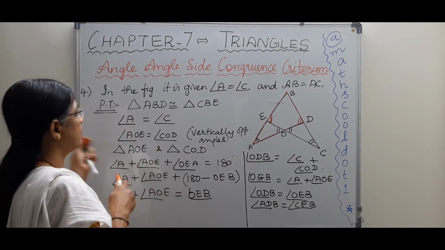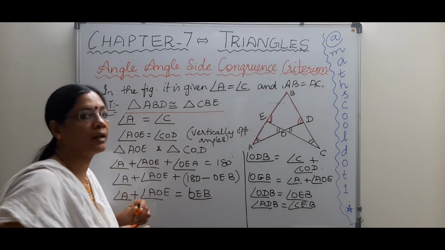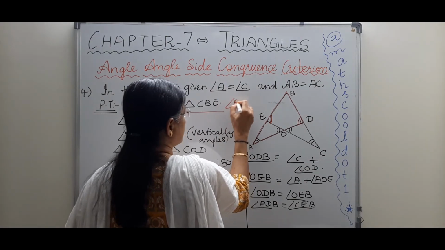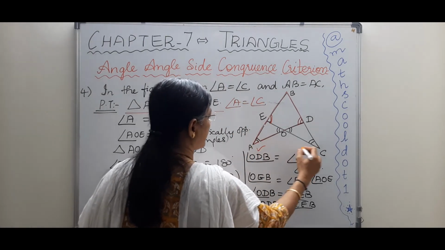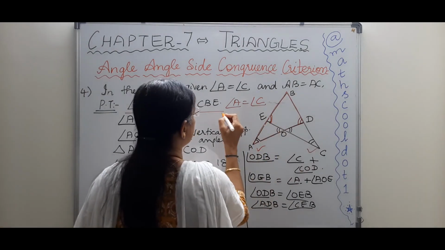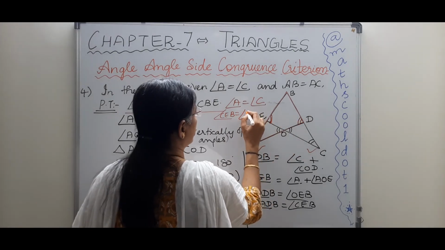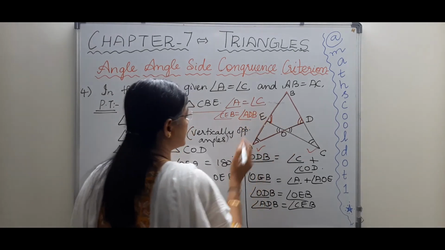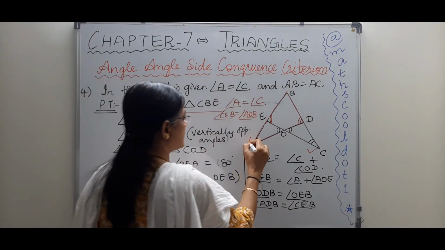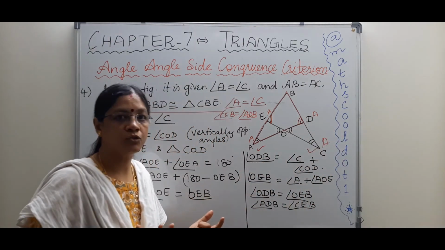So from these two triangles, triangle ABD and triangle CBE, what are the things I have? Angle A is equal to angle C, right? Okay, next is CEB. Angle CEB is equal to angle ADB. So just now we have proved that. Okay, so we have two angles to be equal.